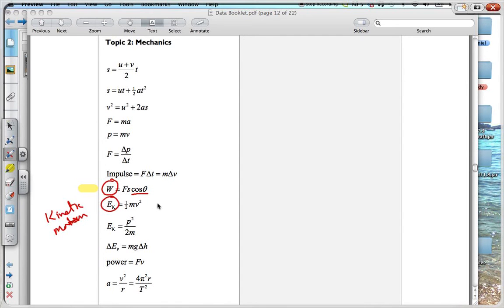And that's an energy. Now, when you do work on an object, often it will gain kinetic energy. This formula can be written like this, because if we've got Ek equal to a half mv squared, I can rewrite that as mv squared over 2m.